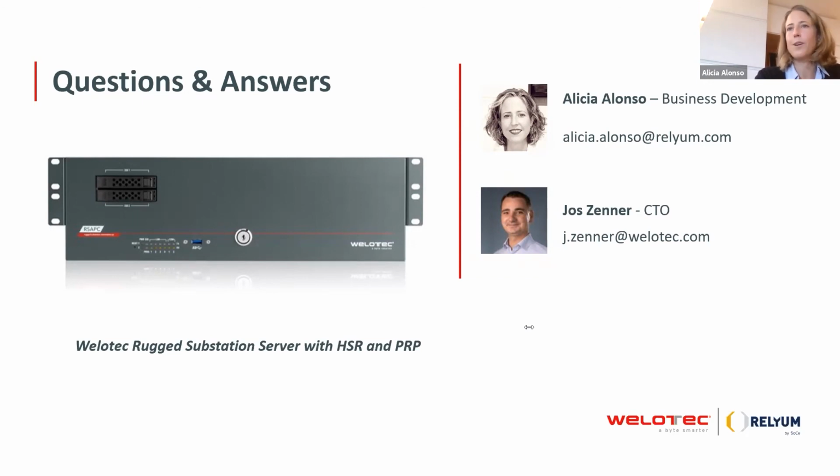So the only thing that you have to do in the red box is enable or disable the redundancy and select the mode that is going to be used. It's completely transparent for the engineers that are implementing the substation. So they are protocols that are being extended to other sectors due to the simplicity and effectivity that they have.